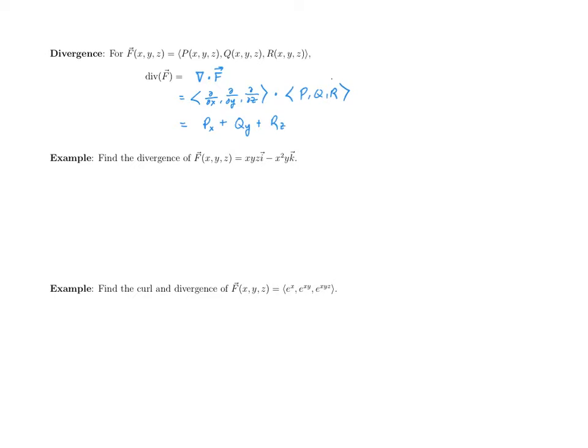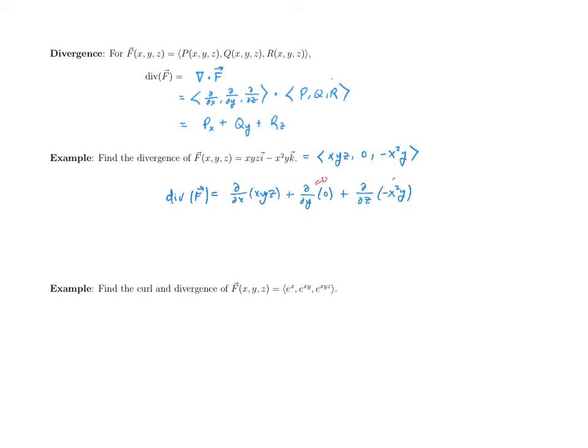So let's go ahead and work through a computation. For the vector field F, which is x, y, z, 0 minus x squared y, we should be able to very quickly and very efficiently calculate its divergence. The divergence would be the partial derivative with respect to x of the first entry, plus the partial with respect to y of the second entry, plus the partial with respect to z of the third entry.